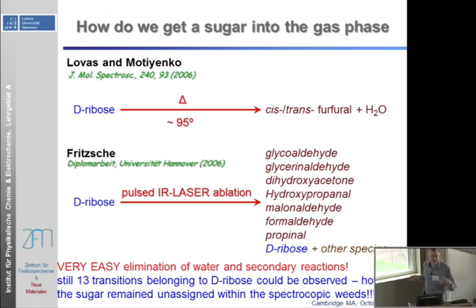In the end, later, when we were successful, we also saw that we had 13 transitions belonging to ribose, but at that time we just couldn't assign them because of all these other lines, which were just decomposition products of the molecule. Because it very easily eliminates water, and you get secondary reactions.